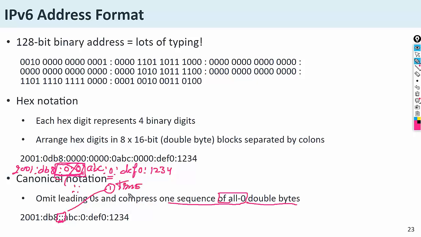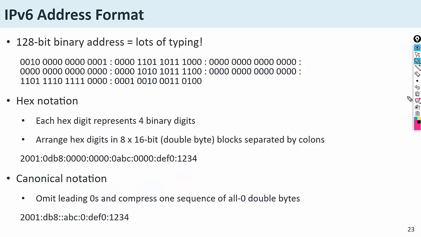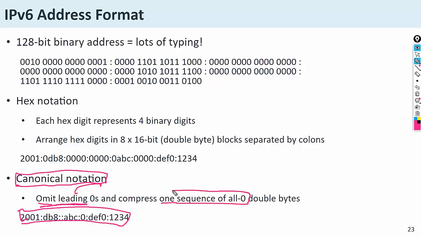You cannot use it again. So you can compress the IP address by two conditions: omit leading zeros, and replace a sequence of all zeros with a double colon. Now it is compressed.